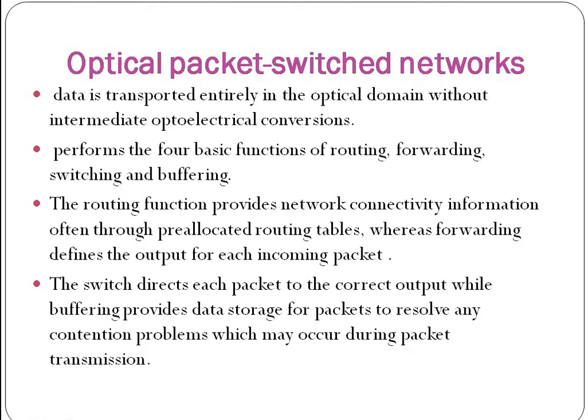So the next type of switching networks, that is the optical packet switched networks. In an optical packet switched network, data is transported entirely in the optical domain without intermediate optoelectrical conversion.